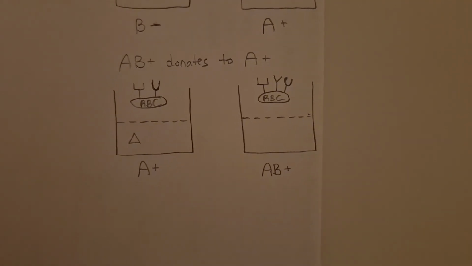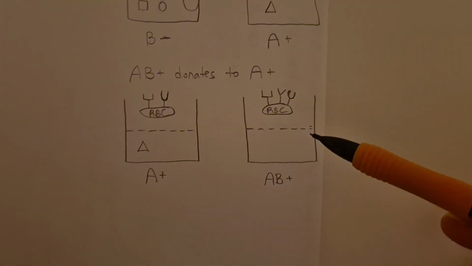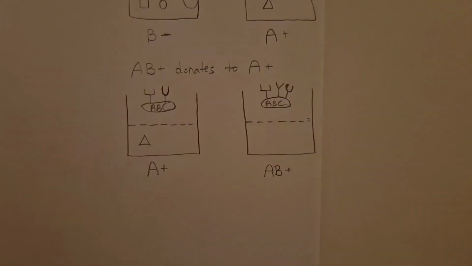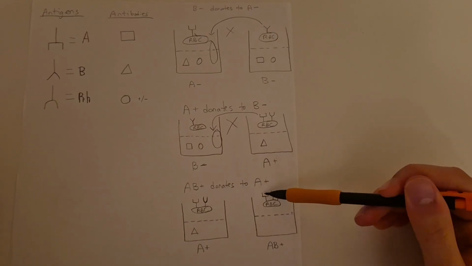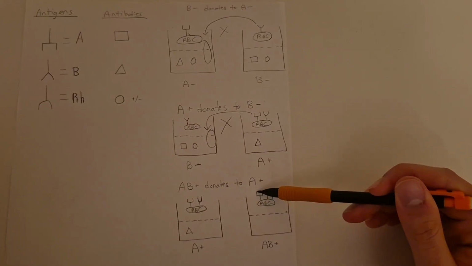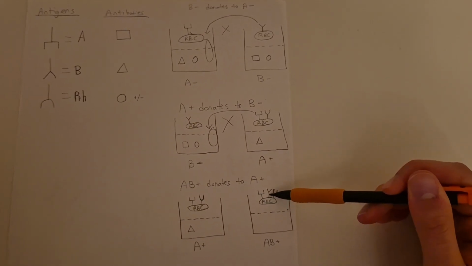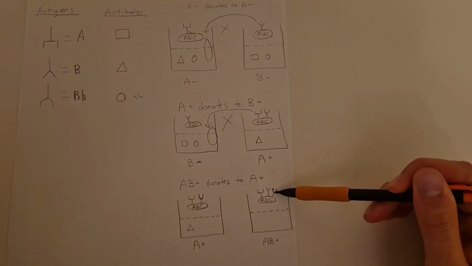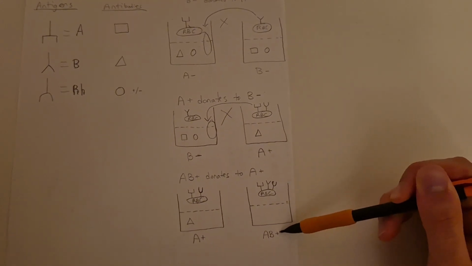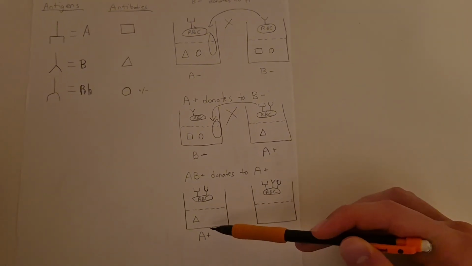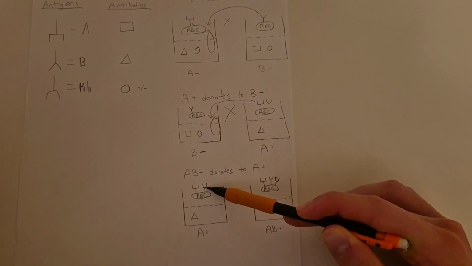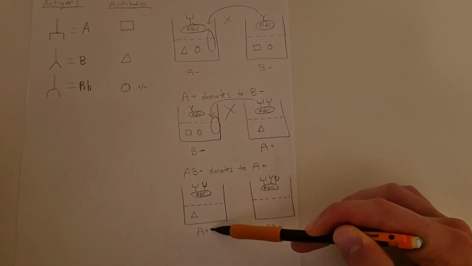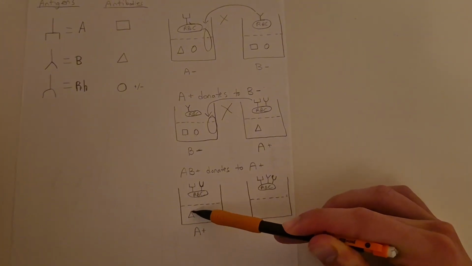So here's another example we can try. AB plus blood donating to A plus blood. So our AB plus blood is going to have our A antigen, our B antigen, and our Rh antigen because we do have the Rh factor because it's a plus. And with our A plus blood, we have our A antigen, our Rh antigen because of the plus, and then our B antibody.